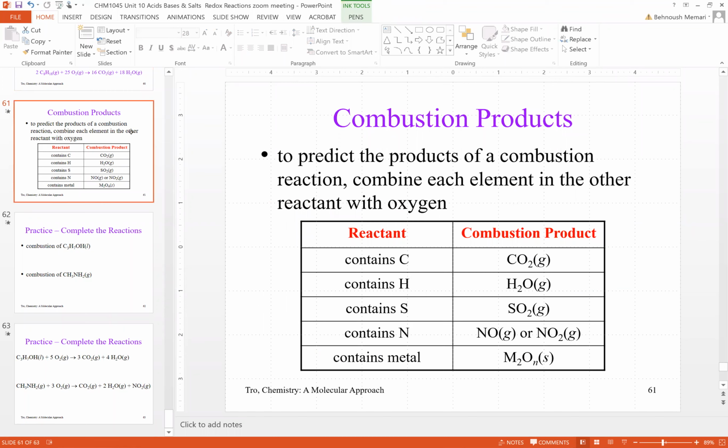In a combustion reaction, carbon would yield CO2 if it's complete combustion. Hydrogen would yield H2O, sulfur SO2, and nitrogen from a compound after combustion can give either NO or NO2.